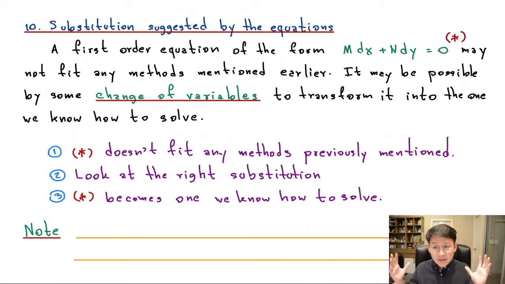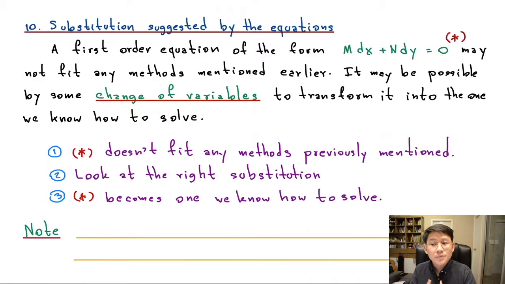We have many of those methods, but once you see the ODE and it doesn't fit any methods mentioned earlier, it seems like you can't use any of them to solve that problem.